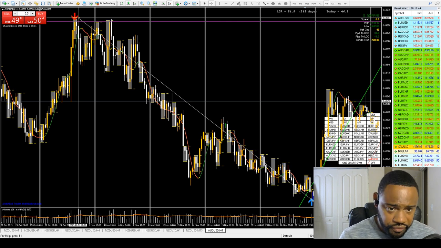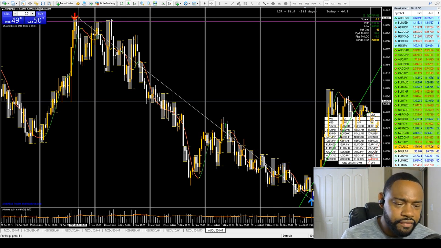This pair only moves 51 pips on average per day, or it has for the past year. So this is not a very big pair. We probably won't be getting into any highly volatile pairs, but just to let you know, when you start looking at your pound pairs, you'll see higher and greater moves.